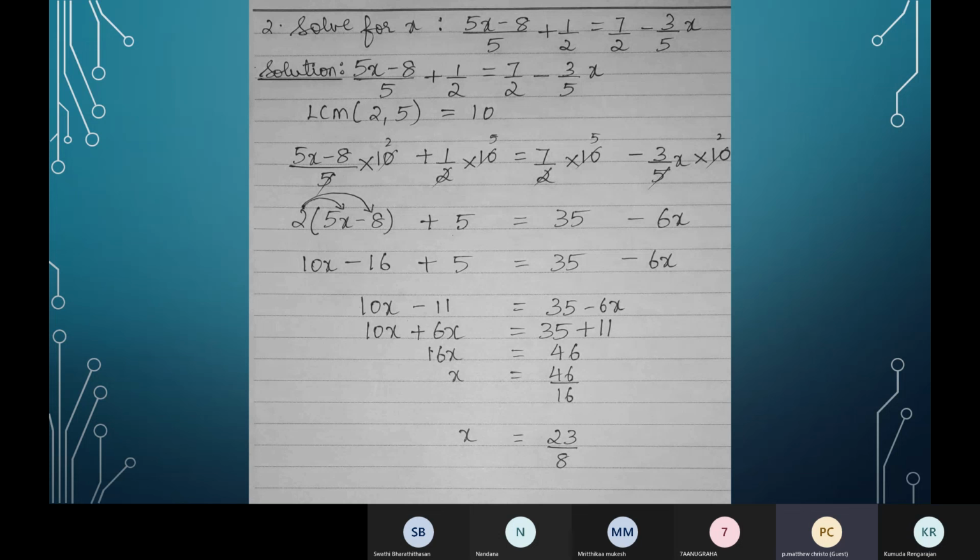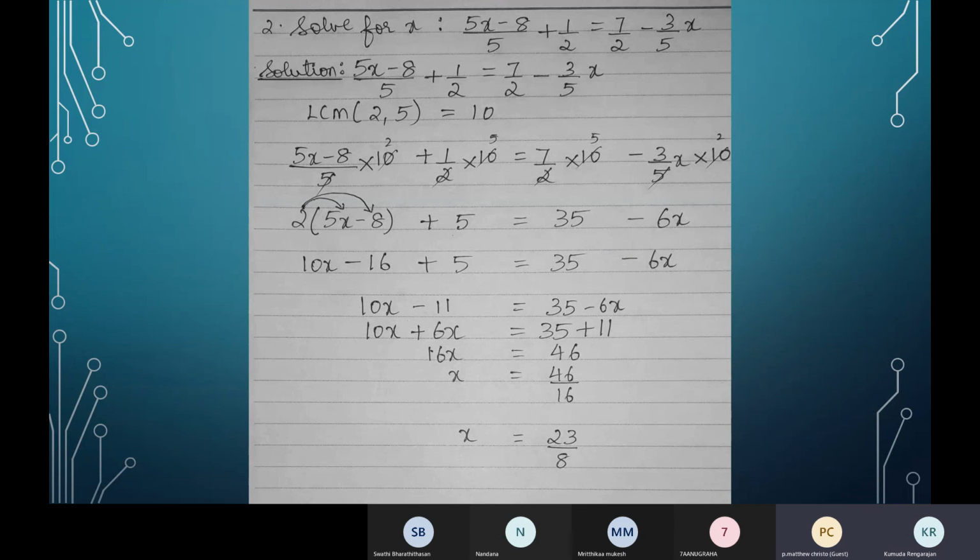Then we should transpose 16 to the RHS. 16 is in multiplication, so we bring it there in division. So 46 divided by 16. So x is equal to 23 by 8. How 23 by 8? By simplifying 46 by 16.